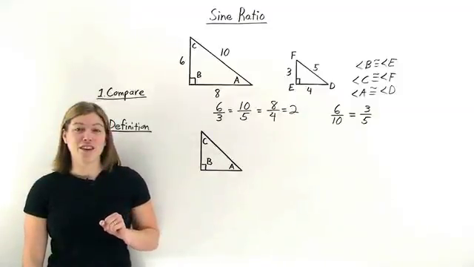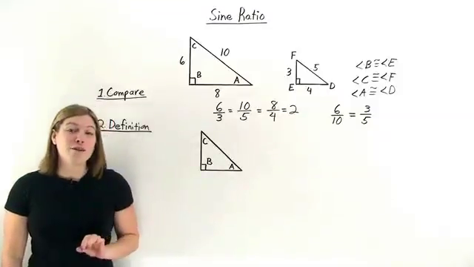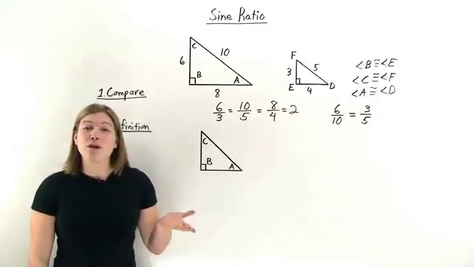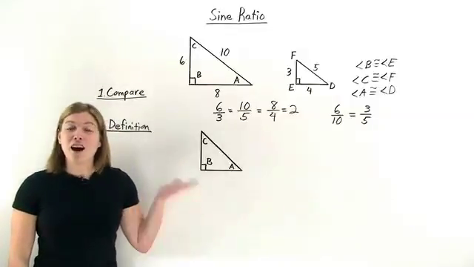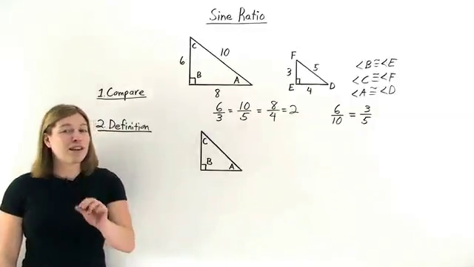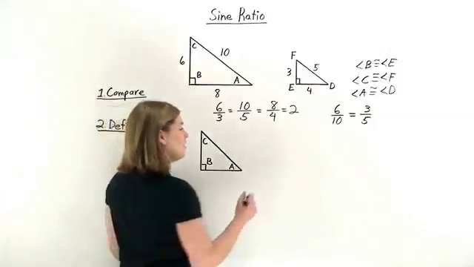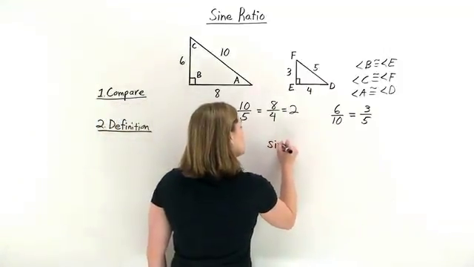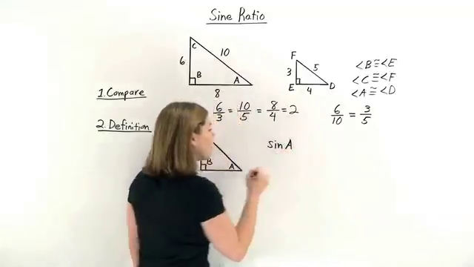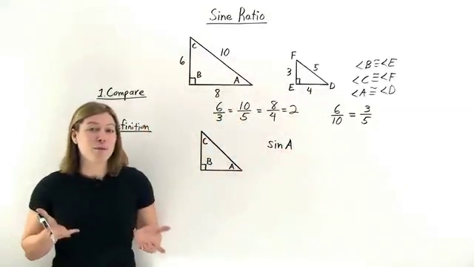Now, to find the sine ratio, we need to take the ratio between two specific sides of a right triangle. Those sides are specific to a certain angle. So say we want to take sine of angle A. We want to find that ratio.